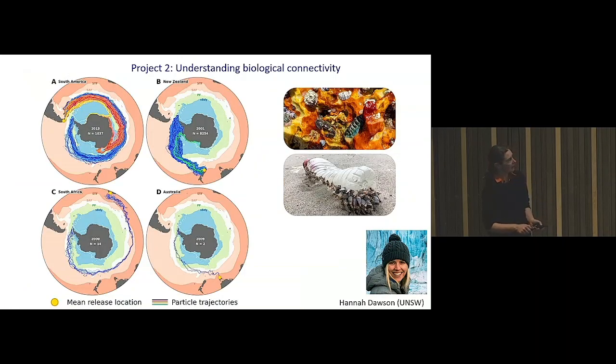So this work has been extended a little recently by a PhD student at UNSW who's found that even if we release things from Australia or the northern continents, New Zealand, South America, we can also get connectivity to Antarctica there as well.